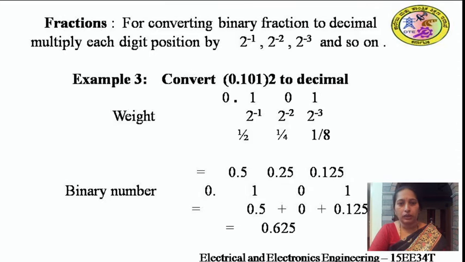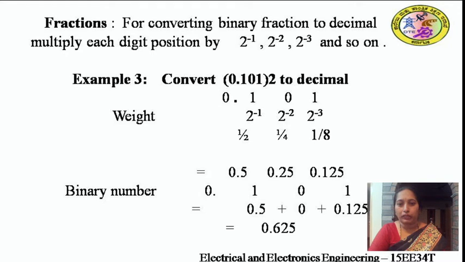How to do that? By multiplying each digit by 2 to the power minus 1, 2 power minus 2, 2 power minus 3 and so on. Where to start?